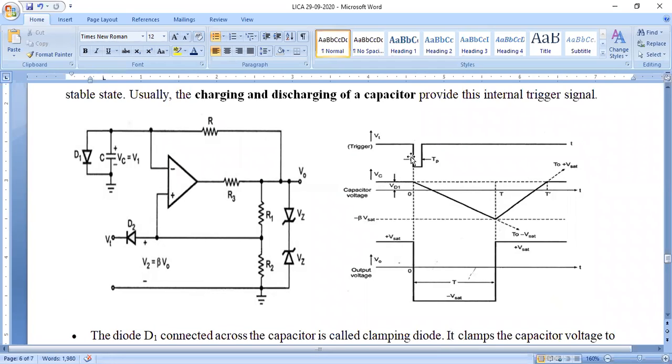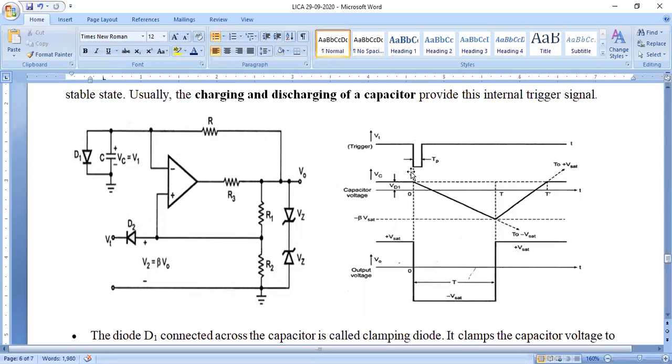At that condition, if we apply a negative short with the help of our triggering mechanism, this negative pulse in our multivibrator circuit will keep on changing, and initially the multivibrator is at plus V saturation with 0.7 volts flowing across D1.